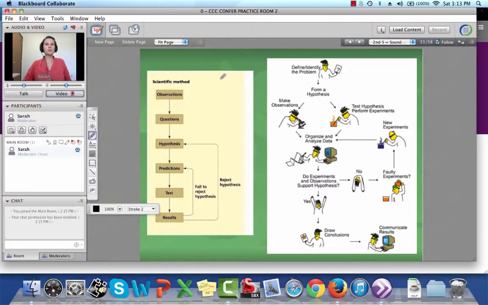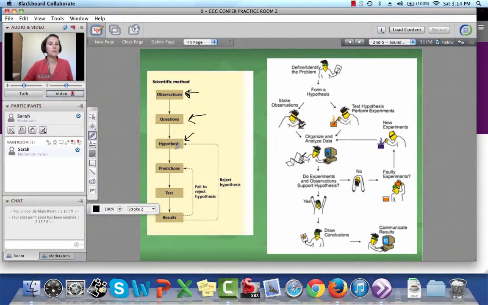This slide here shows the idea of the scientific method. Okay, you make an observation or some observations, and those observations lead a scientist to create a question, to question why they notice these observations, and that question leads them to a hypothesis, or a possible or probable answer for these questions.